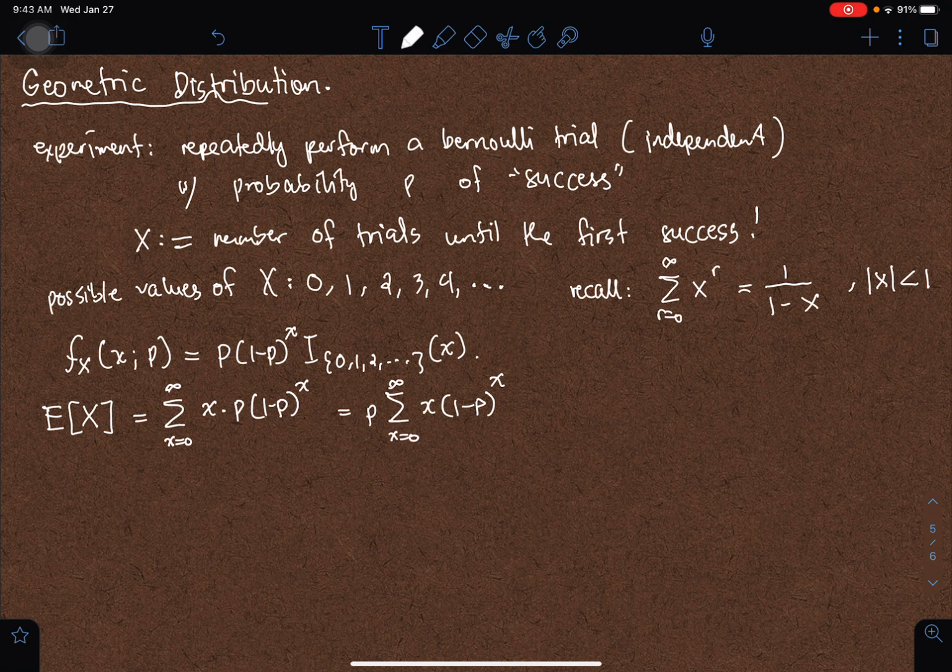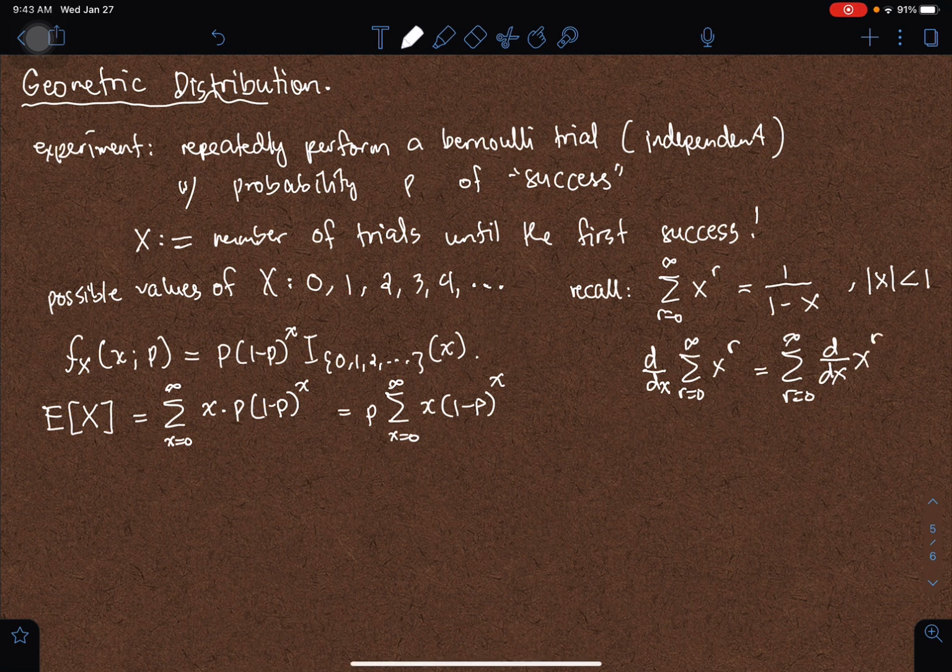Now, since this is a convergent sum, we can actually apply some operations here, such as differentiation or integration. In the case when we apply differentiation, we'll have the derivative with respect to x of the sum, which can just be written as the sum from 0 to infinity of, we can write inside the sum the operator d/dx.